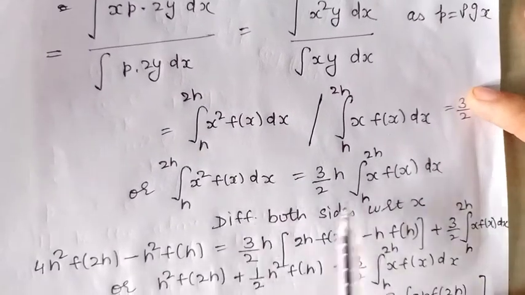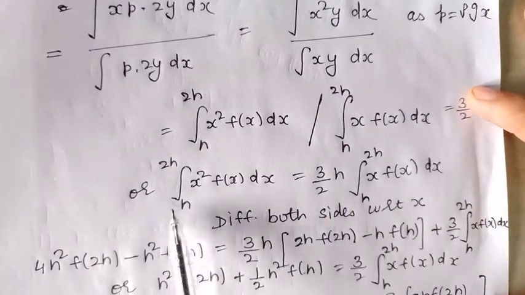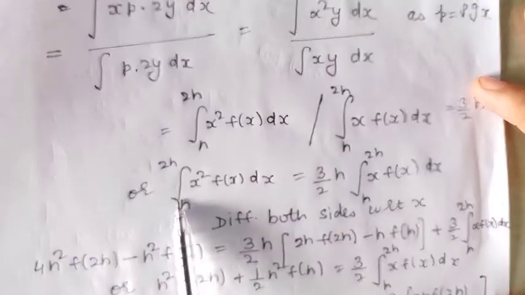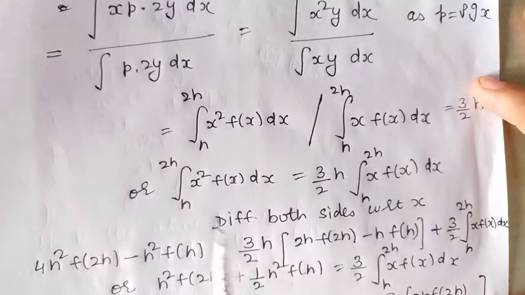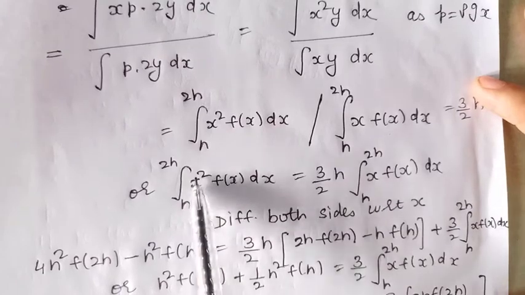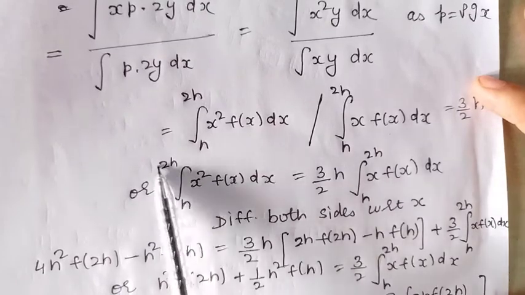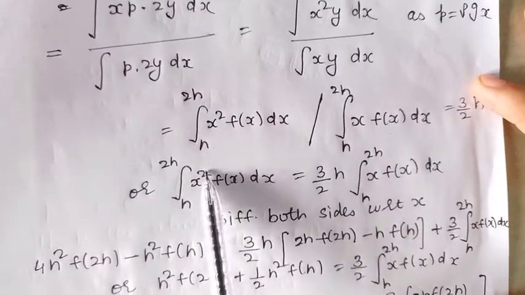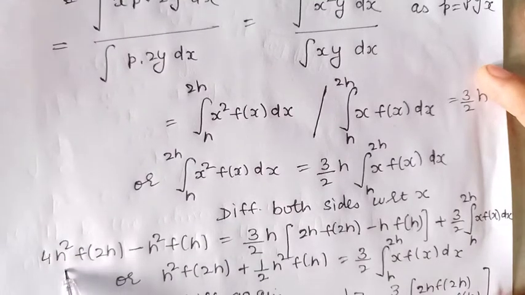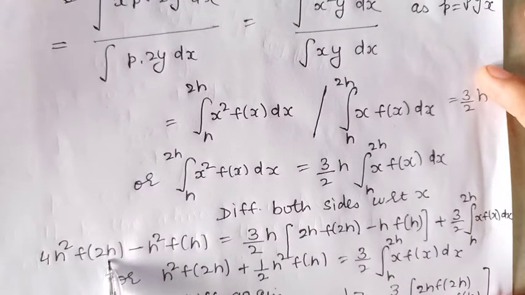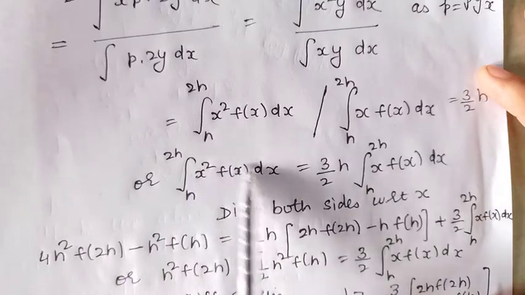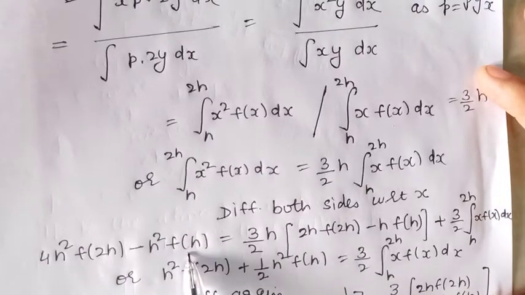Now let us differentiate both sides. Here the integral will be cancelled out with the derivative. So substituting the limits 2h and h in this expression, when the upper limit is substituted here, this will become 4h square into f of 2h, and at the lower limit h, this will become h square f of h.